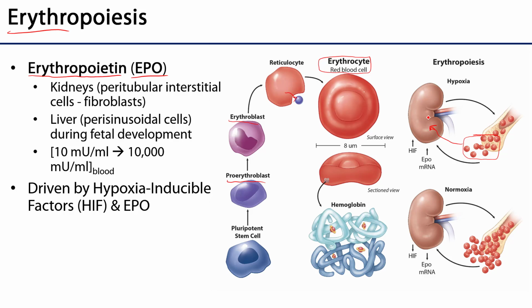There are also other mRNA growth factors. They're called hypoxia-inducible factors, or HIFs for short. So they work in parallel with EPO. So whatever EPO is doing, HIFs are doing as well. And this takes about 10 days from soup to nuts.